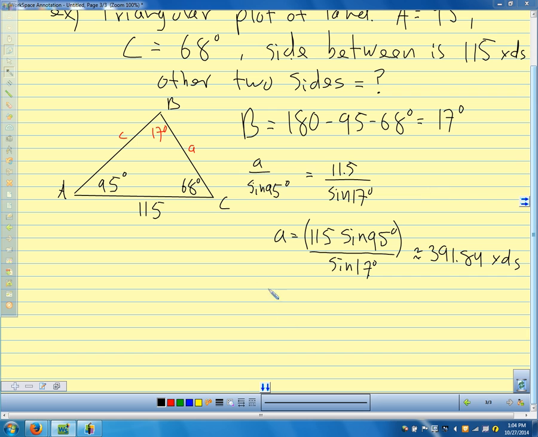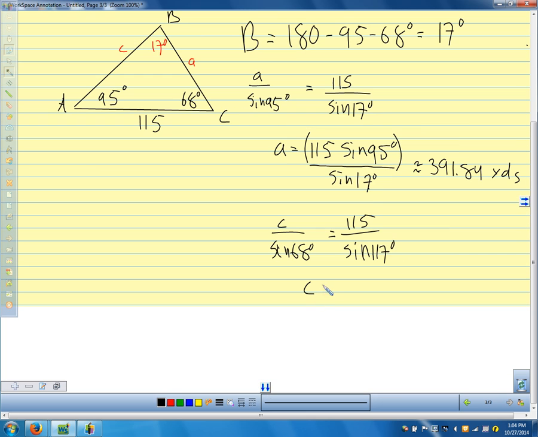So I can say, side C. C over sine 68 degrees, and I can use the same side there, 115 over sine 117. So C is 115 sine 68 degrees over sine of 117.